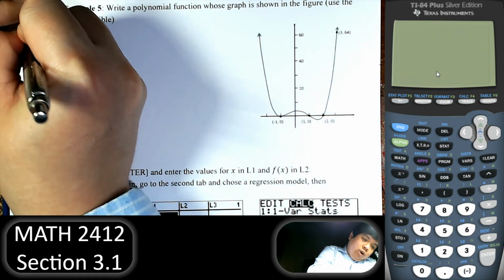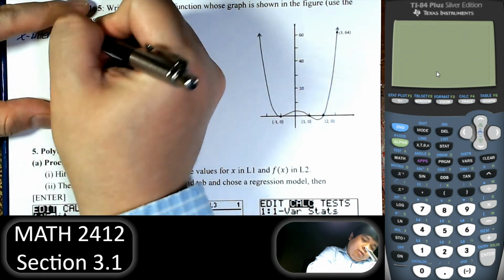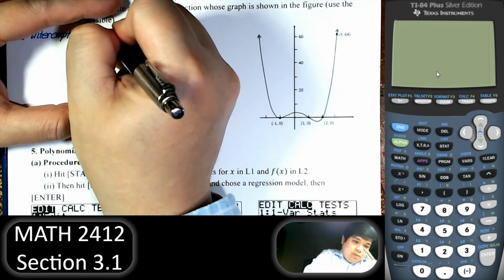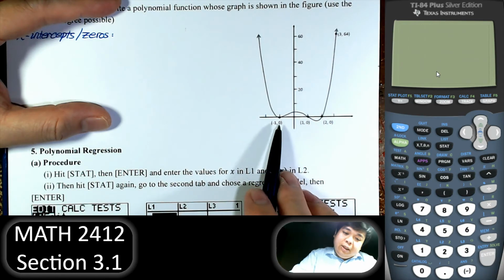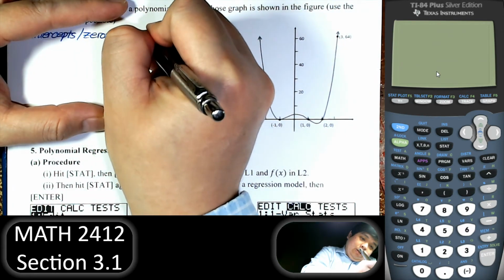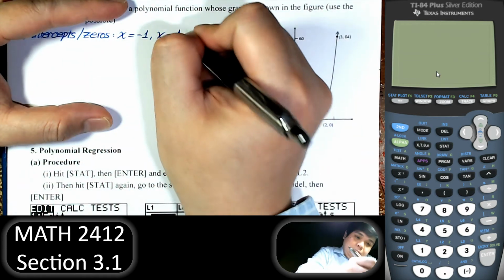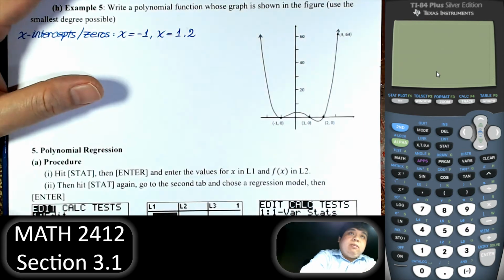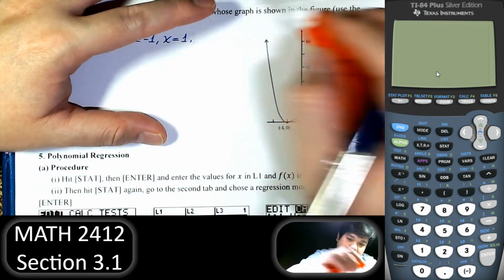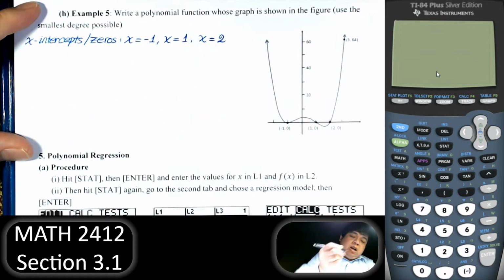So first we have the x-intercepts, all the zeros: -1, 1, and 2. So those are the zeros.